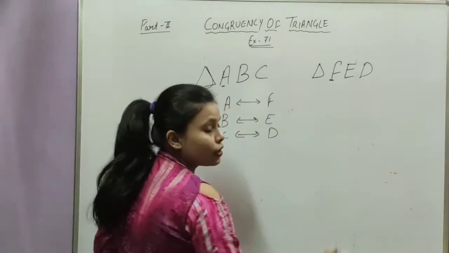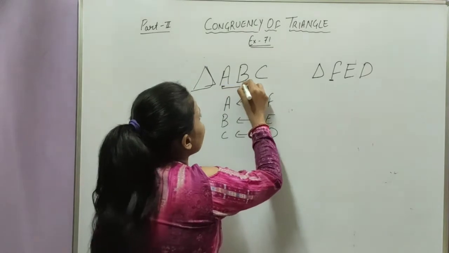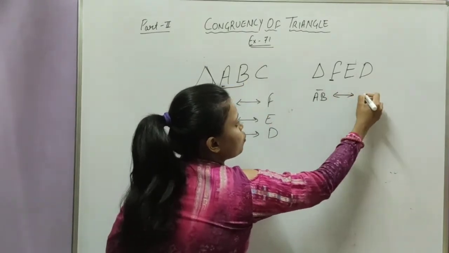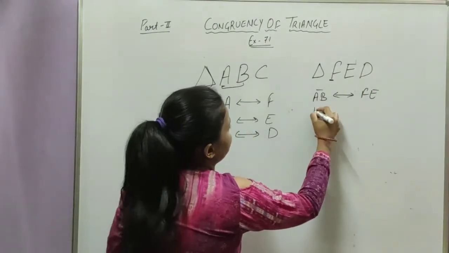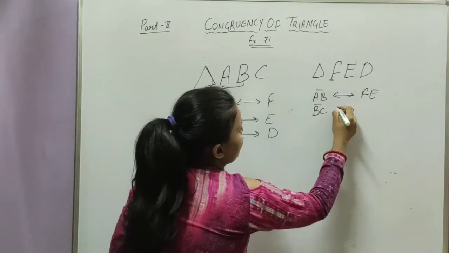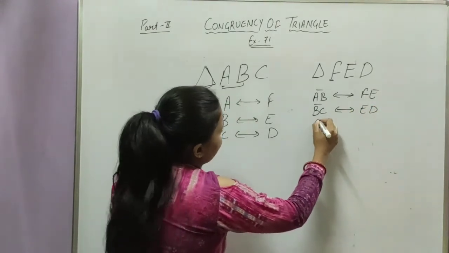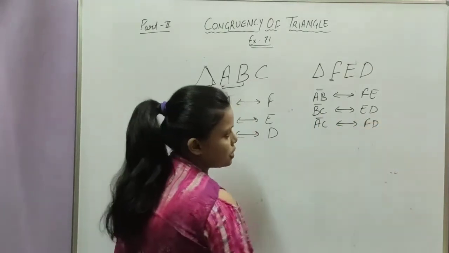Now if we talk about the line segments, or the sides, AB will correspond to FE, right? BC will correspond to ED, and AC will correspond to FD.